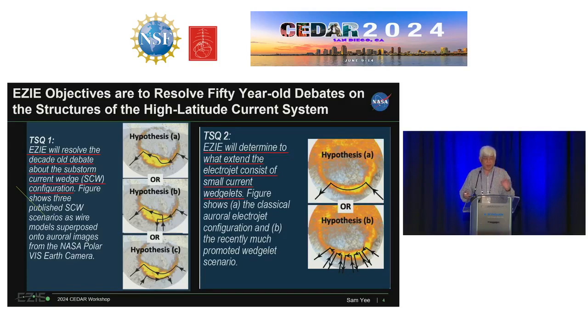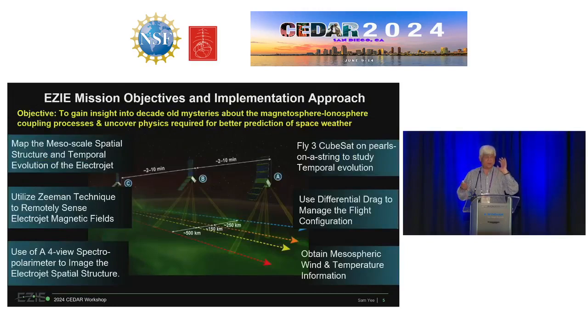Those are the main objectives we put forth. All this requires measurements at smaller scales, and all the action takes place near the magnetic midnight sector. So the orbit is going to be sun-synchronous, close to the midnight crossing, using the remote sensing instrument.